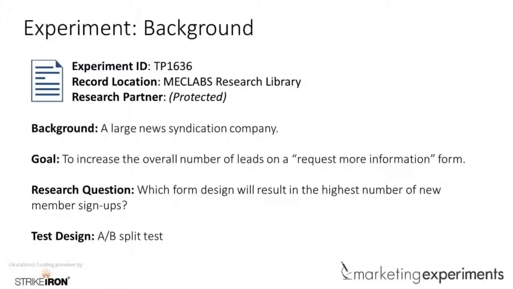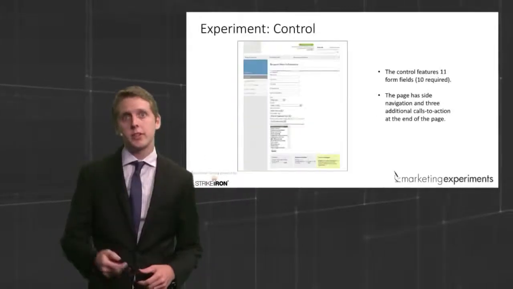Our goal here was to drive more leads through a request more information form. This was an A/B split test, meaning the test treatments were run at the same time, and they were statistically validated at a 95% level of statistical confidence. So, without further ado, let's look at the actual treatment.